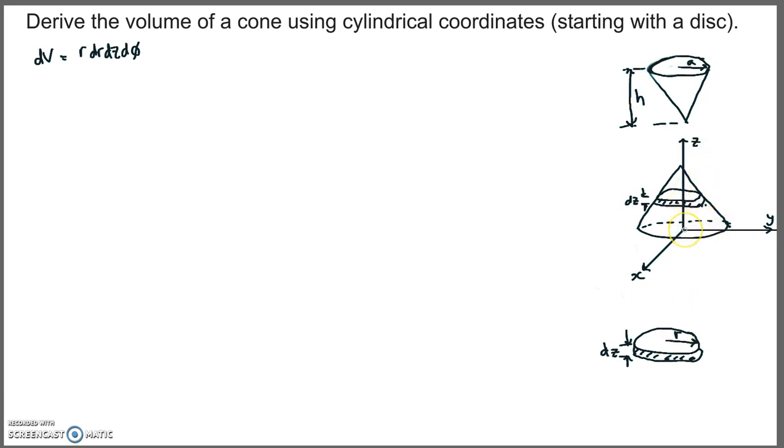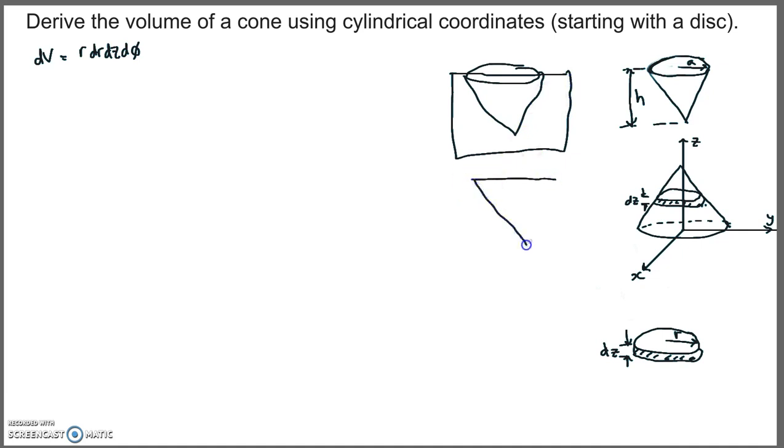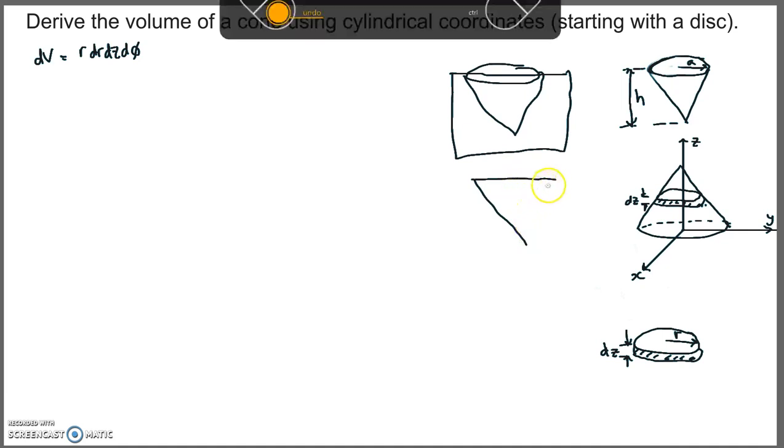So we need to find the relationship between the height at which we are taking the slice and the radius of the corresponding disk. So let's draw our cone here. If we cut our cone through the middle using a plane, then we'll end up with a big triangle. And let's draw this again.